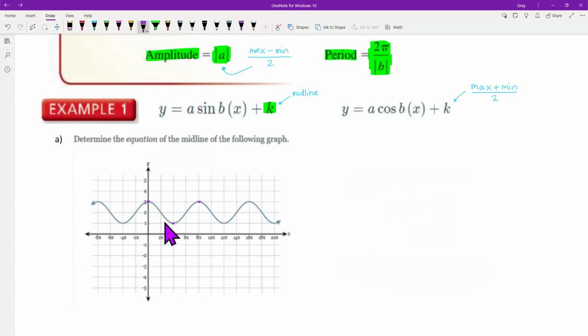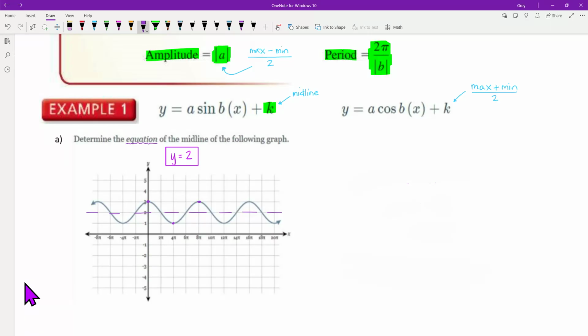So what's halfway between the max and min is this line right here. And that is your midline. So the midline tells you where half of the graph is above it and half of the graph is below it. It is an equation, so don't ever forget to write that equation. So the equation of my midline for this graph is y equals 2.